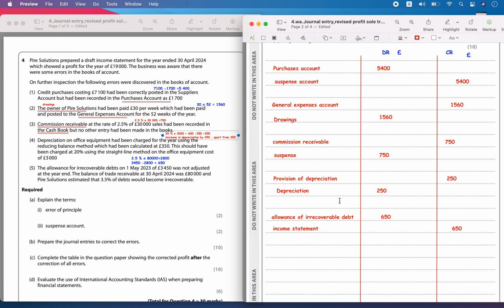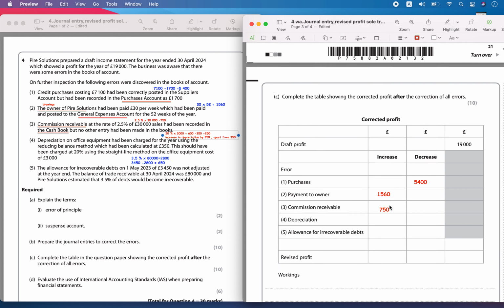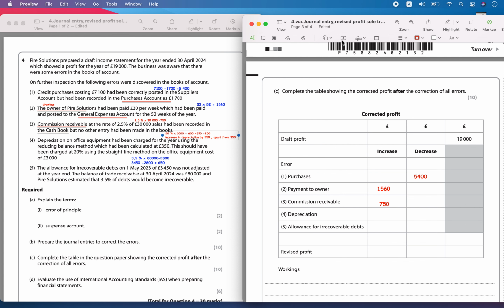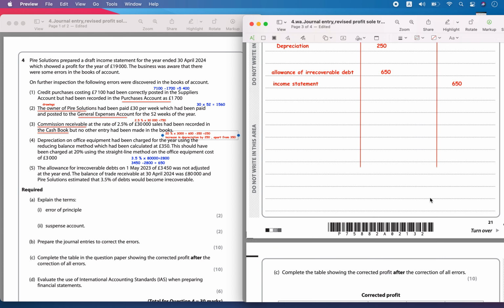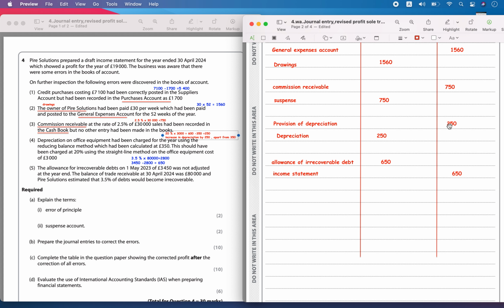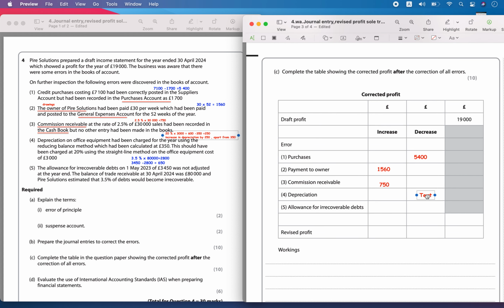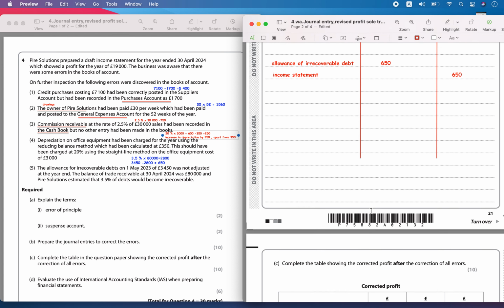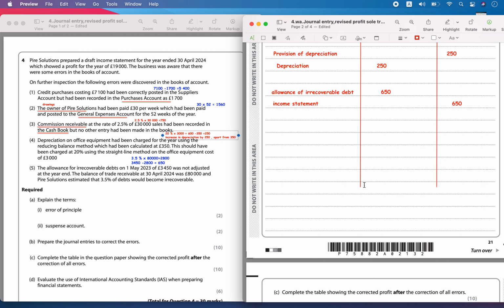Then you have depreciation. Depreciation is an expense. This depreciation I can transfer to the income statement on this side, because this is actually showing how it is going to be entered, on the credit side. So it's 250, it is going to become income. Then allowance for irrecoverable debt.